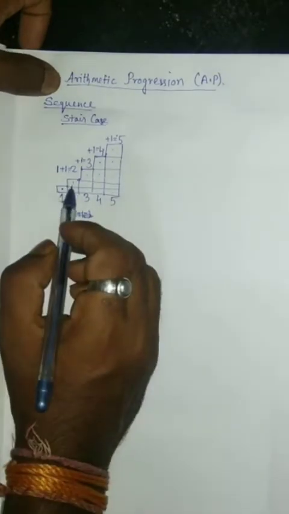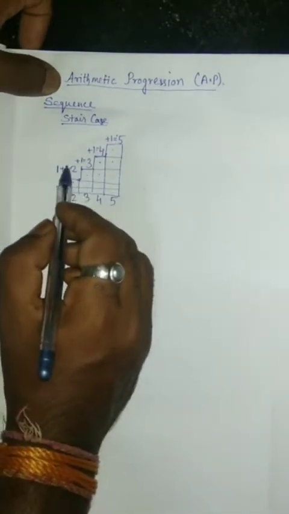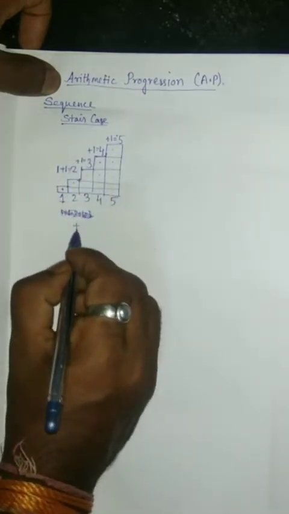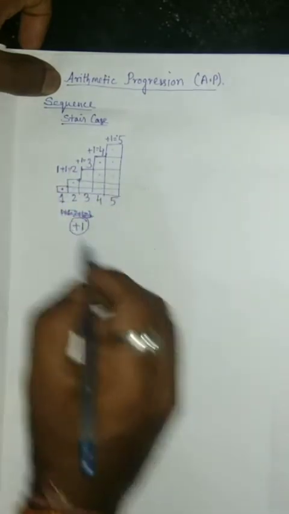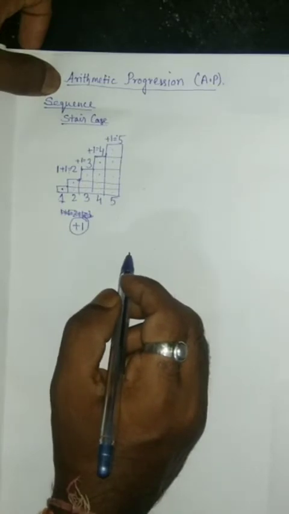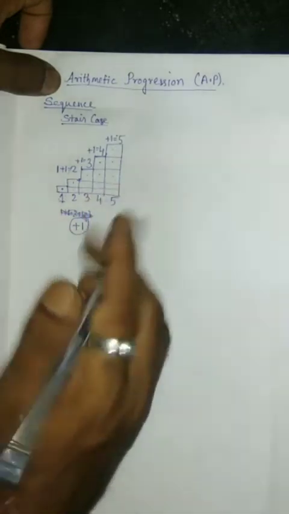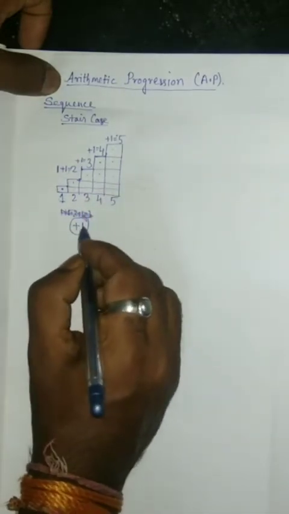So in every step, you are seeing I am adding a fixed number, that is plus 1. I am adding plus 1 in each case. So I have a constant value, the value is plus 1.